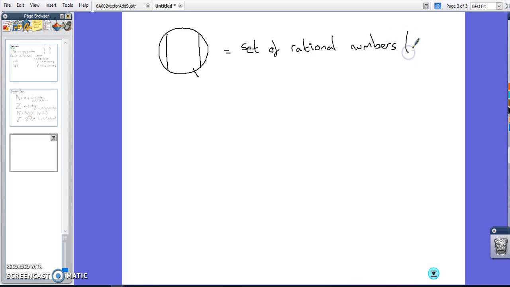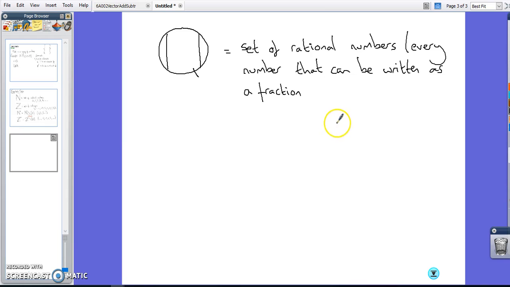And this is the set of numbers where we have every number that can be written as a fraction. And you'll remember from when we talked about fractions in class, these can be written as a terminating or recurring decimal.